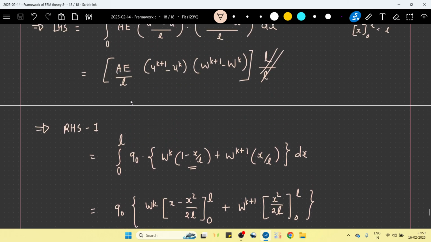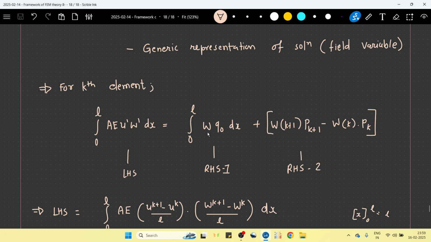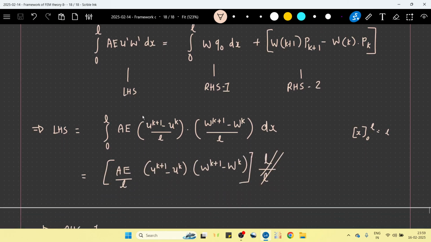Now we will put RHS1 and LHS in our kth element weak form.